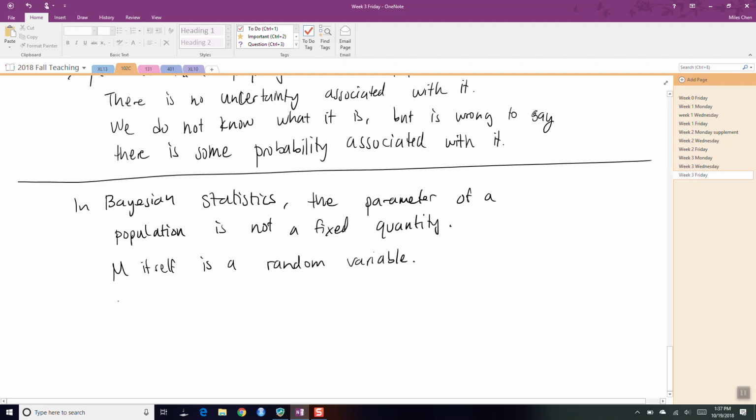Mu itself is a random variable, so mu has its own probability distribution, or whatever parameter it is that you're talking about. Whatever parameter you're talking about, there is going to be a probability distribution.